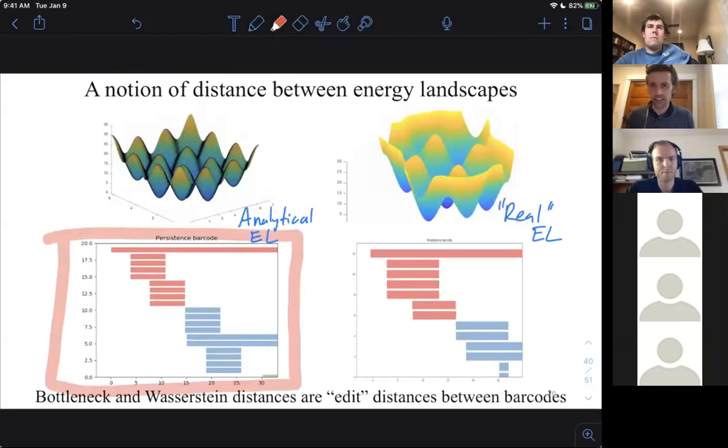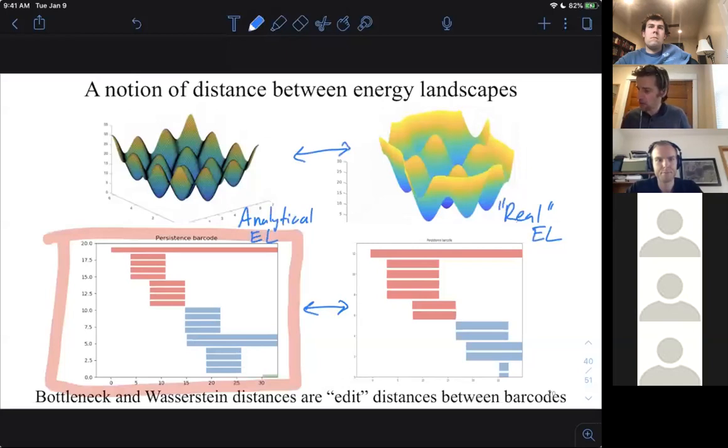There are notions of distances between bars. It's not always easy to come up with notions of distances between energy landscapes. If they have the same domain, sure, you could do the L infinity or the L2 notion of distances between functions.